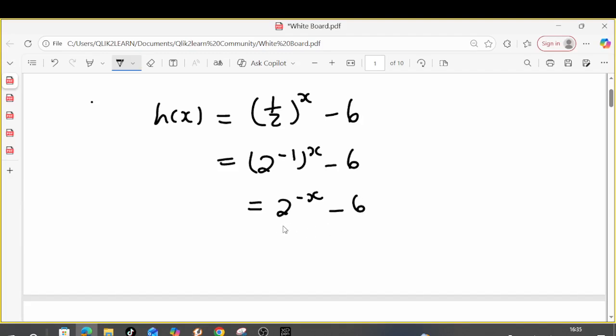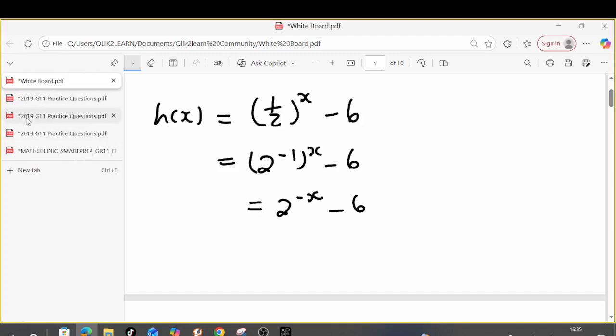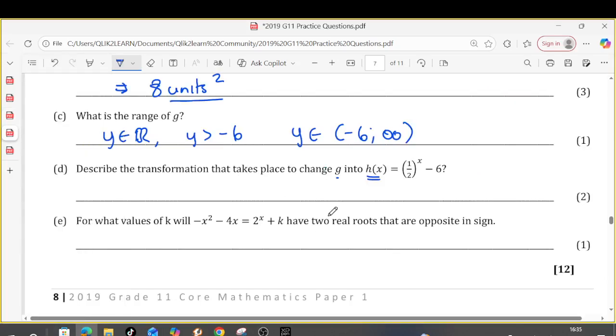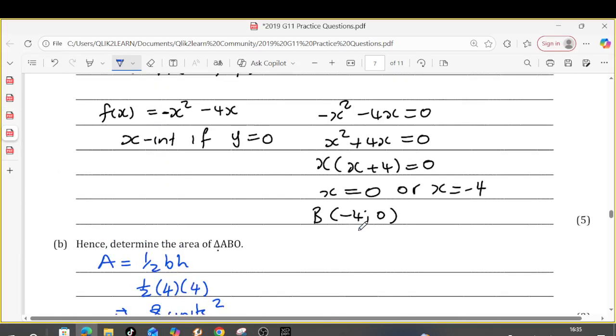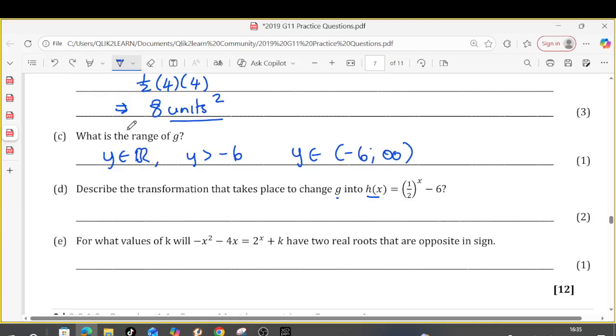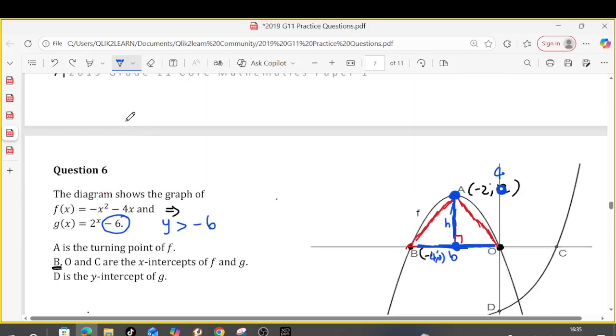So we can see that, what was the original equation? Let us check the original equation and compare that to the original equation. The original equation of this graph was 2 to the power x. This is my g at x.